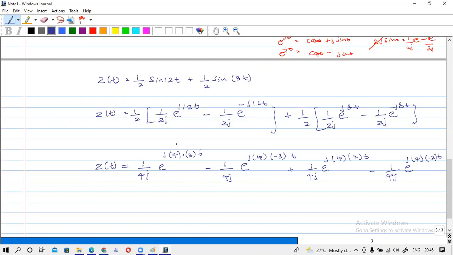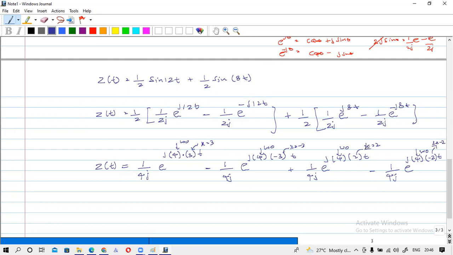So you know that this is omega naught, and this is omega naught, and this is omega naught, and this is omega naught. So this will be your k value. Here k is equal to 3, here k is equal to minus 3, here k is equal to 2, and here k is equal to minus 2.